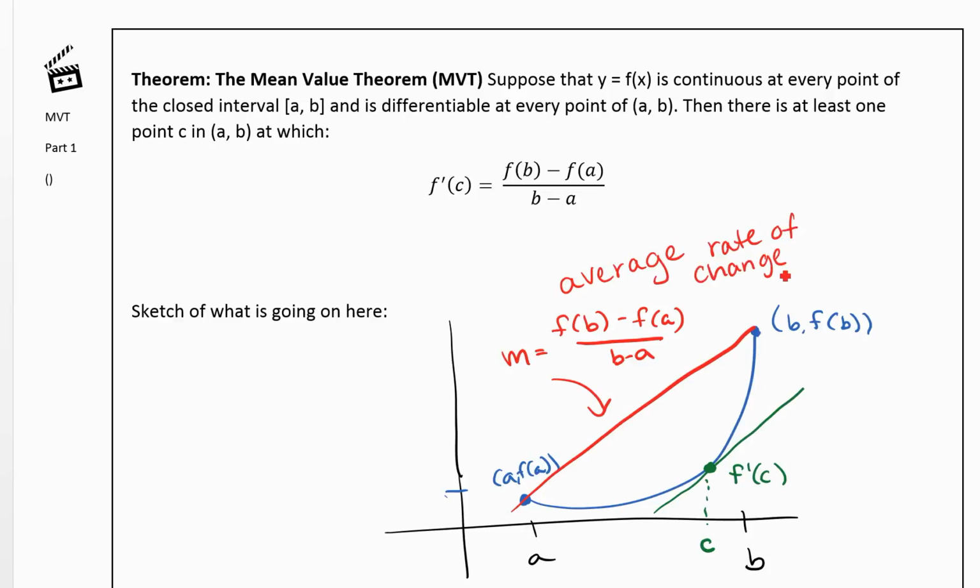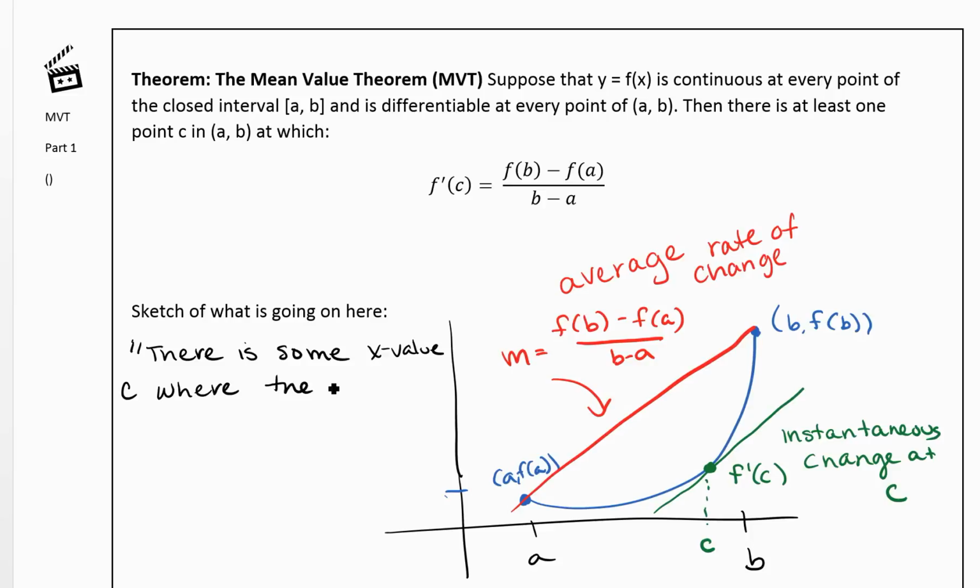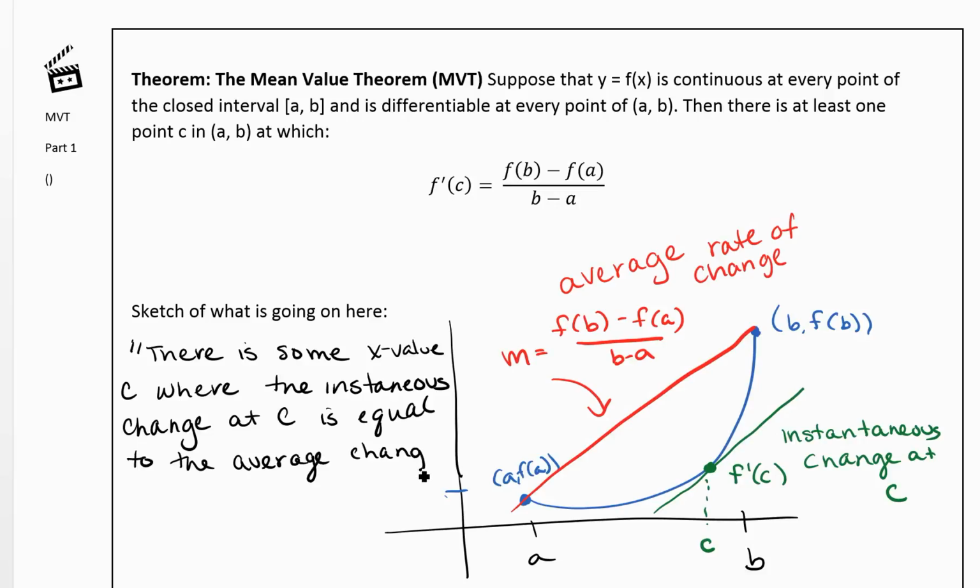And the slope of the tangent line at C, that's the instantaneous change at C. So what the mean value theorem is saying is there is some x value C where the instantaneous rate of change at C is equal to the average change from A to B.